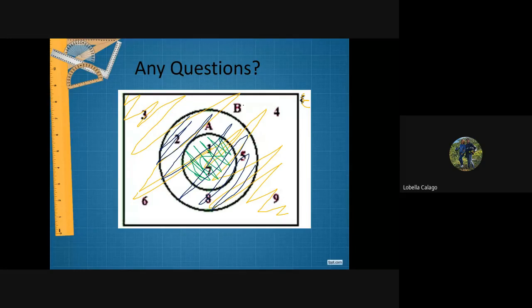And for next Tuesday, kasi Tuesday lang tayo mag-meet, I'm going to discuss yung last unit of the module 2, which is Relations and functions. So it means that we're done with the module 2.